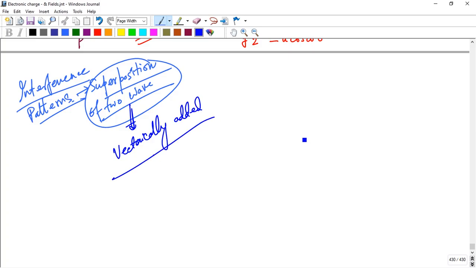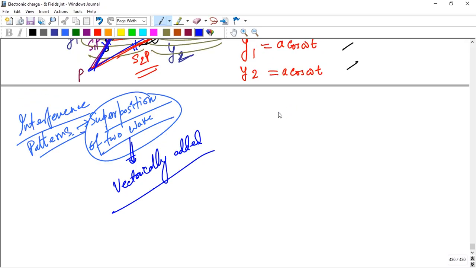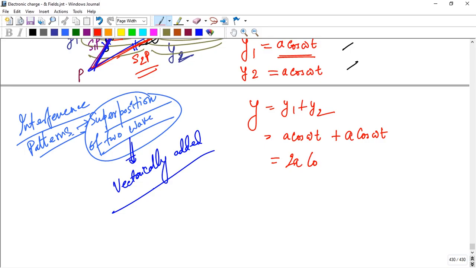What is the resultant sum? Y equals Y1 plus Y2, where Y1 equals A cos omega t and Y2 is also A cos omega t. If I add these two, we get Y equals twice A cos omega t.